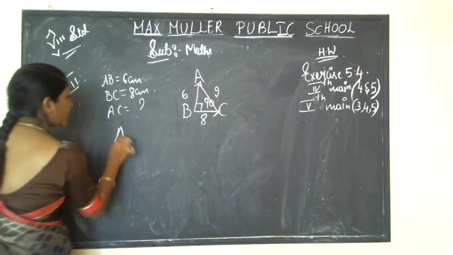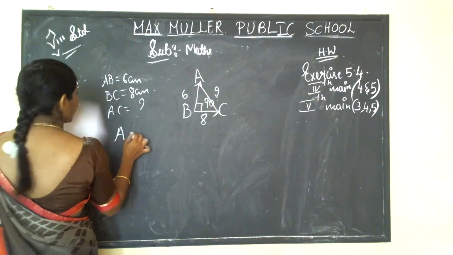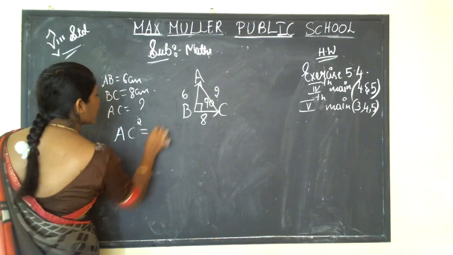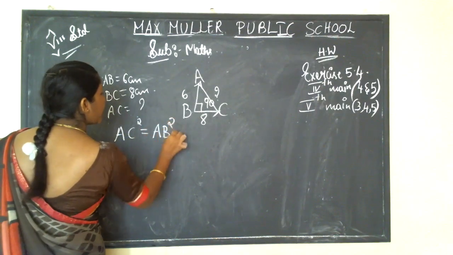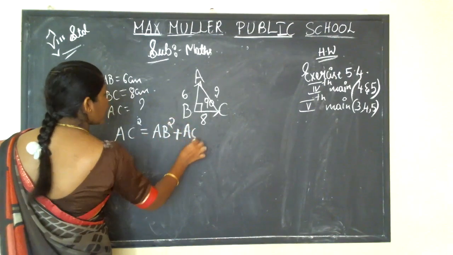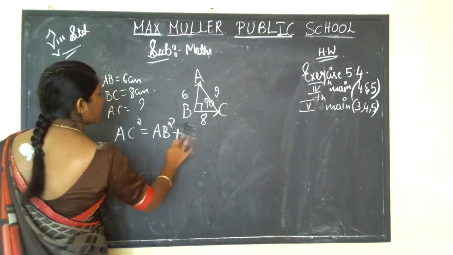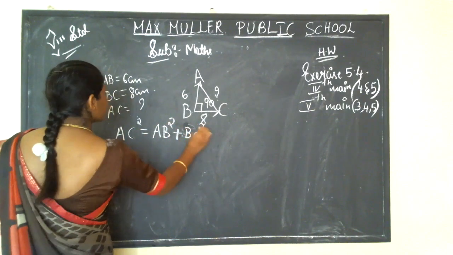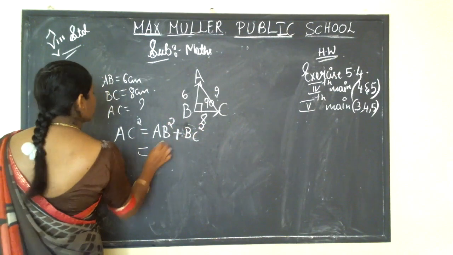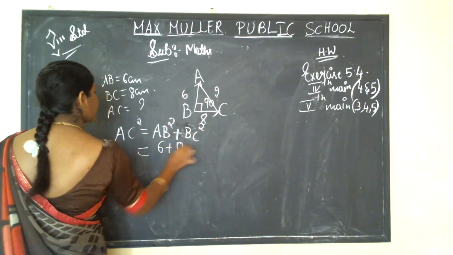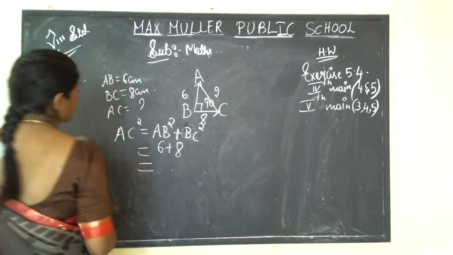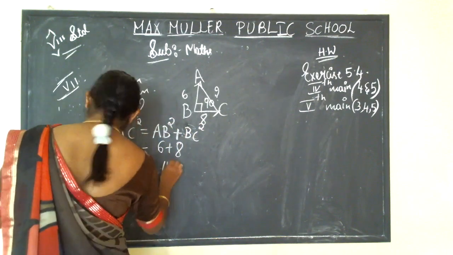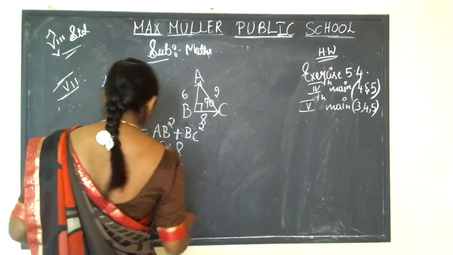So you know what? AC square is equal to AB square plus BC square. Okay.